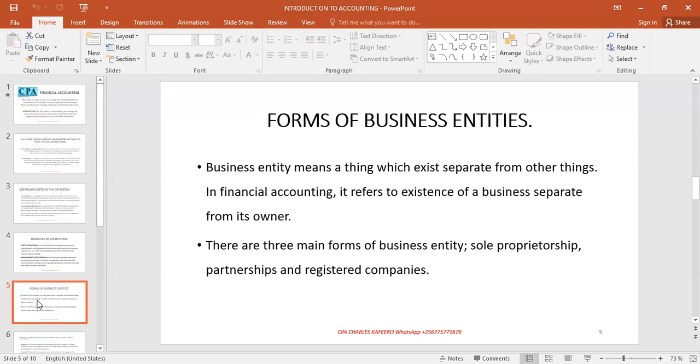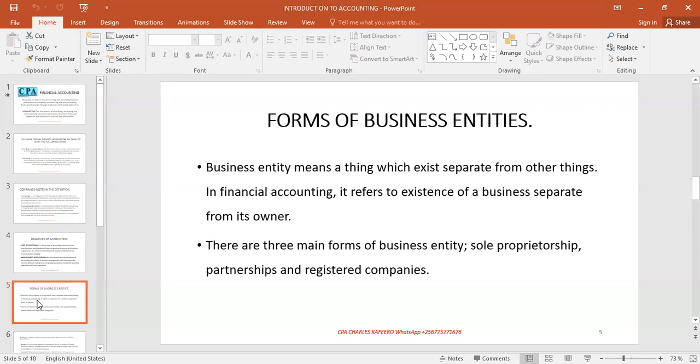For a sole proprietorship, as we say, when the owner dies, the business also dies, which is not the case with other businesses like the partnership, because when a partner dies, they have a way of how they can recruit or compensate the partner who has died. And registered businesses are safe, because even if you try to sue them, you can talk about the liability.